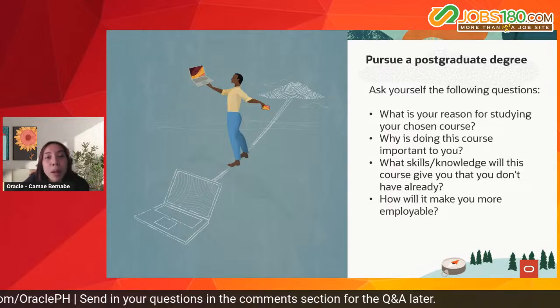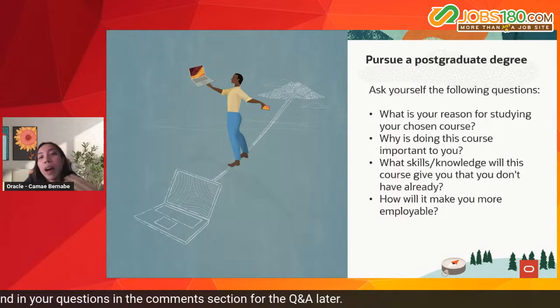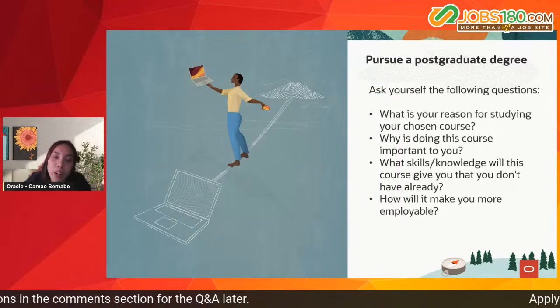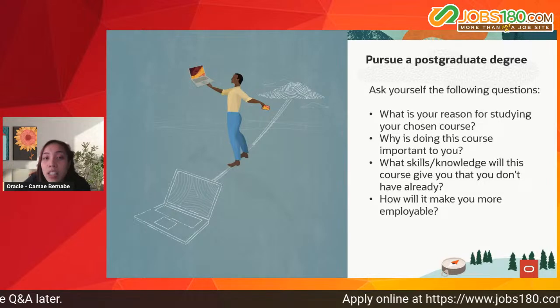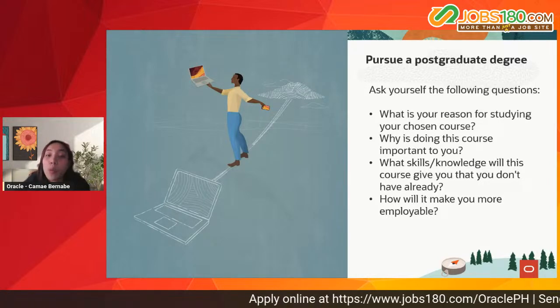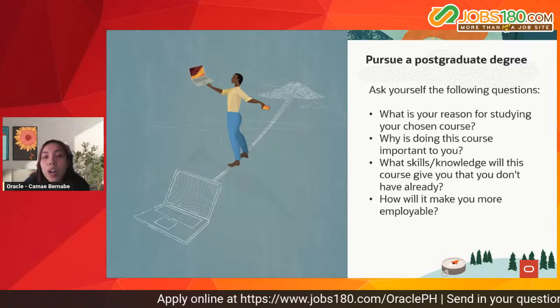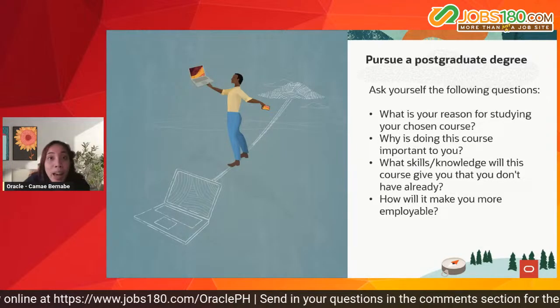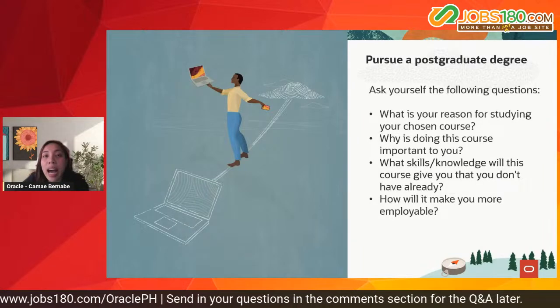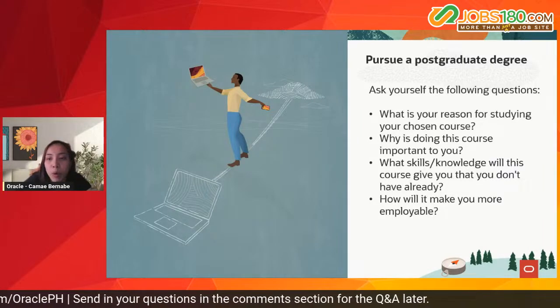So, before you decide, you might want to ask yourself the following questions. What's your reason for studying your chosen course? Why is doing this course important to you? What skills or knowledge will this course give you that you don't have already? And lastly, how will it make you more employable?